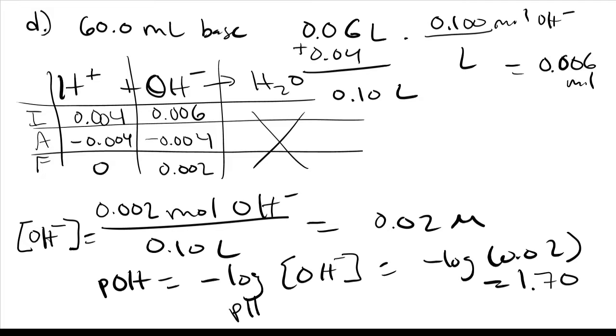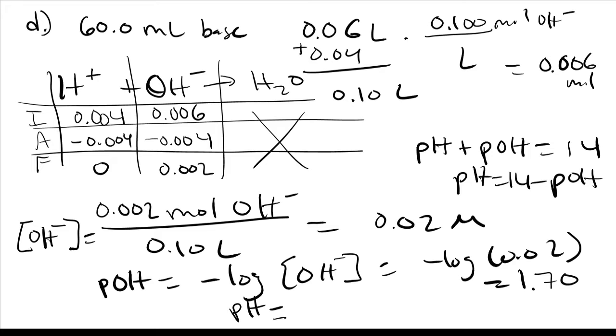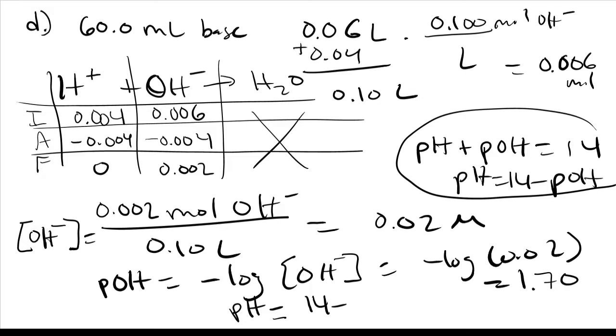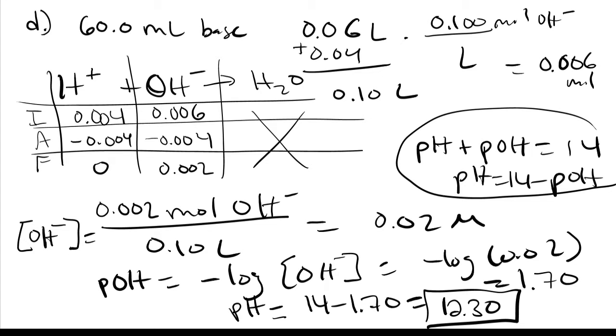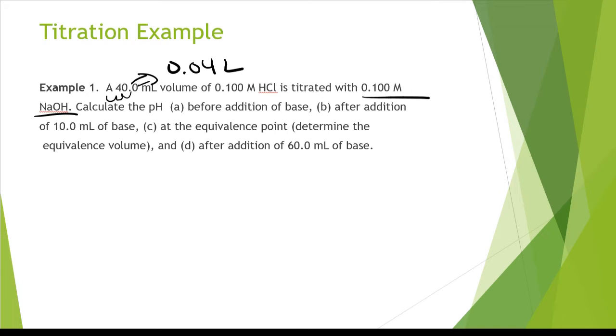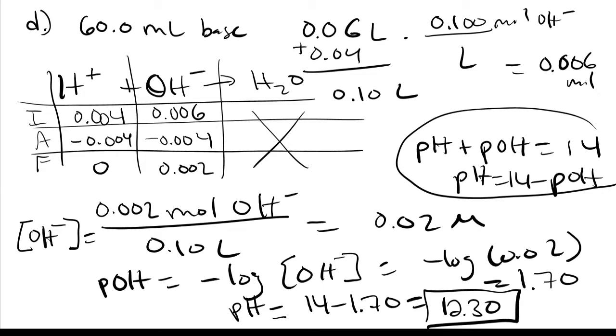Then you can calculate the pH using the formula pH plus pOH equals 14. Okay? So then now that we know the pOH, then pH is equal to 14 minus pOH. Alright, so that's the formula you want to look at. So we're going to do 14 minus our 1.70, which gives us a pH of 12.30. Okay? And that's how you do it. That's the last part of the problem.